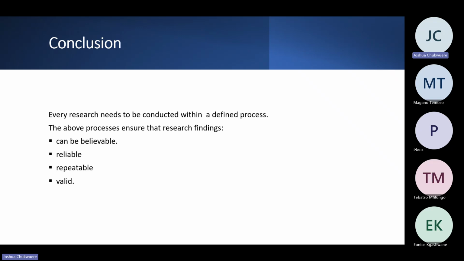Even though you conduct similar studies in a location B, the findings may not be the same, but it will be achieved. So you can repeat the same study in other places, and then it can be valid. It can be used. The validity will be assured because of what? The processes have been followed.